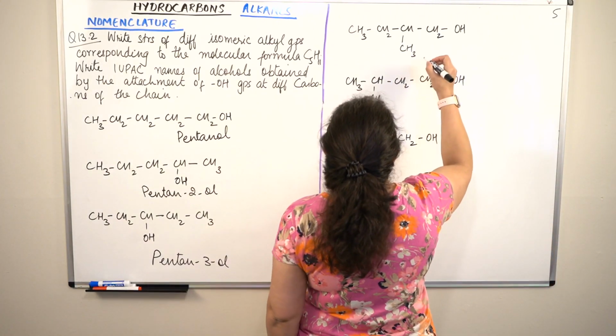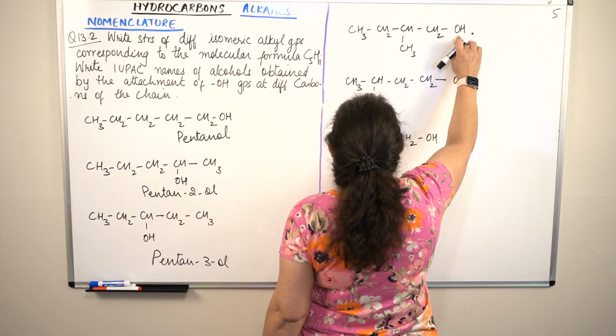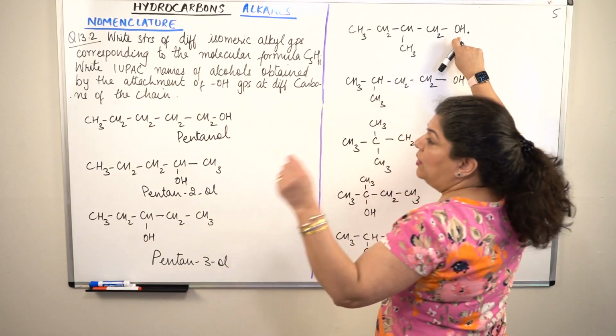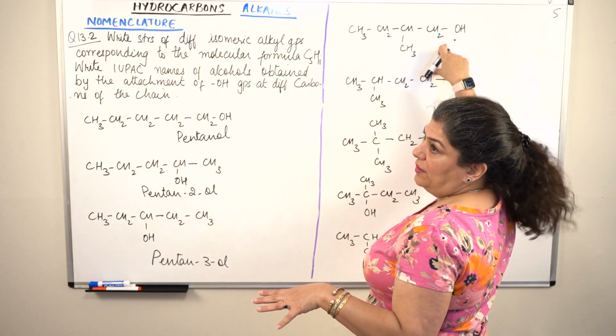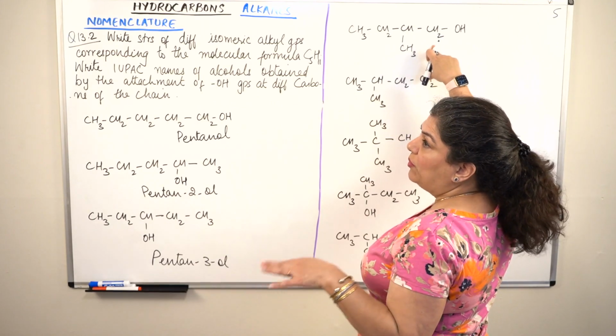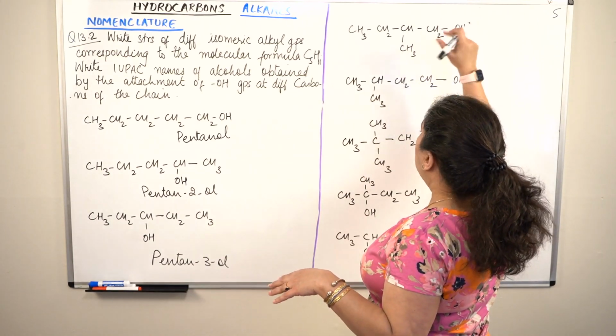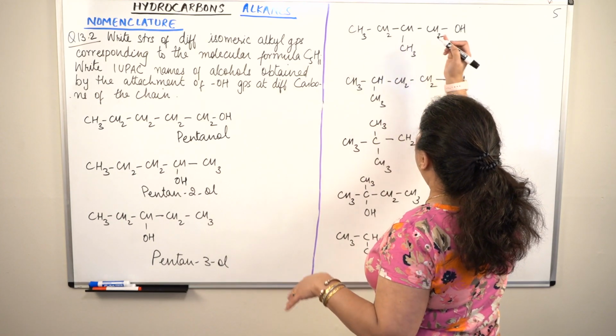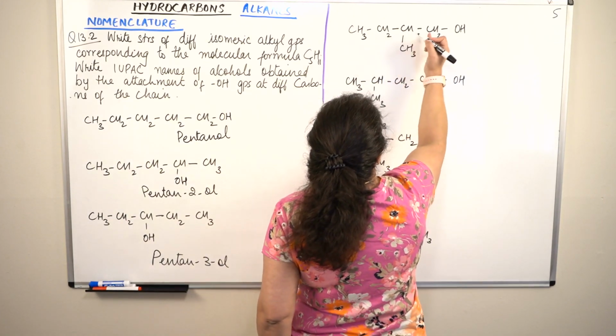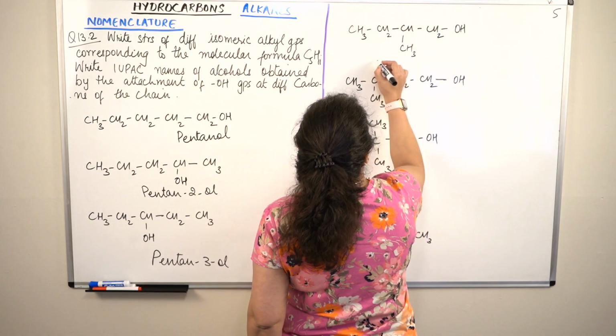So this becomes butanol, and we will try to give the lowest locant to the functional group. So OH will get the lower number. Always the counting will be from that direction where OH gets the lower locant. So OH gets the lower locant if I start counting from this direction. This is the first carbon, this is the second carbon.